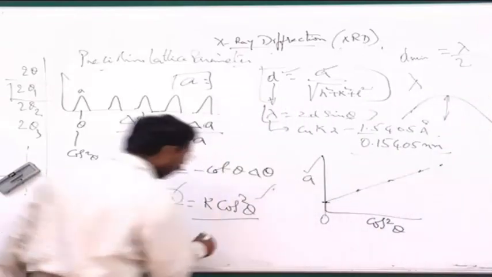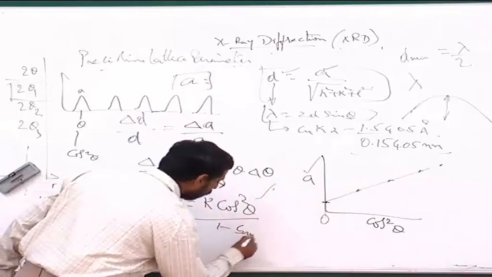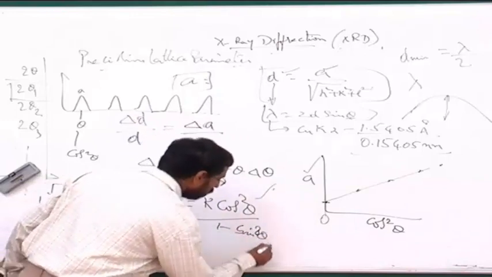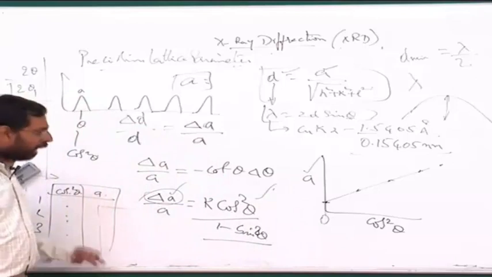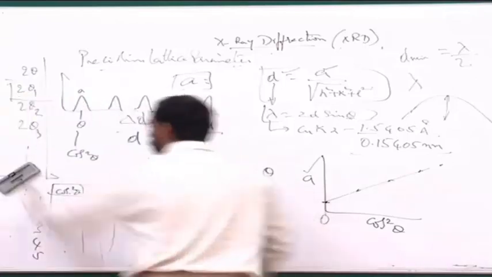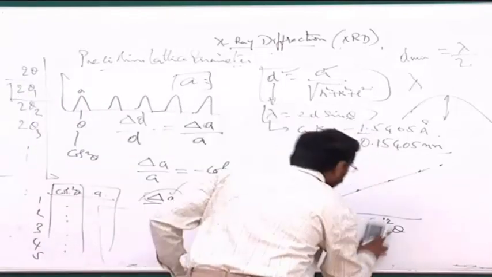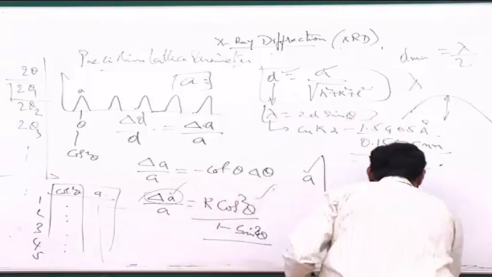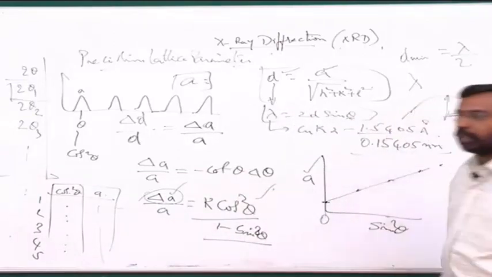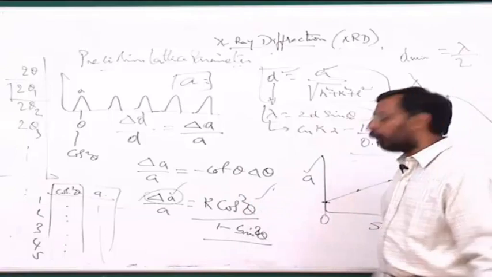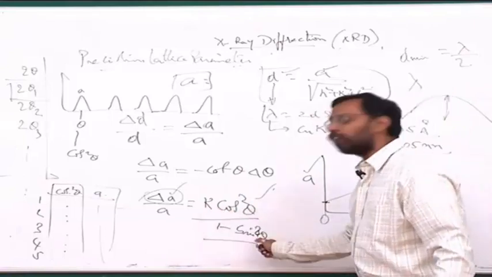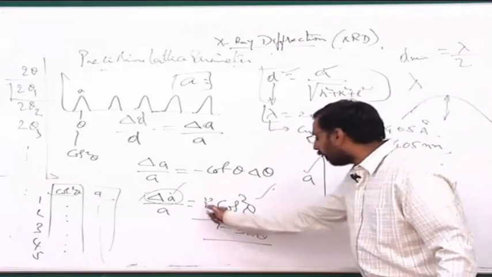And because we know cos square theta is 1 minus sin square theta, I can also do the same thing by simply replacing this with sin square theta. Because this is 1 minus, again k into sin square theta will come, and this k into 1 will come.